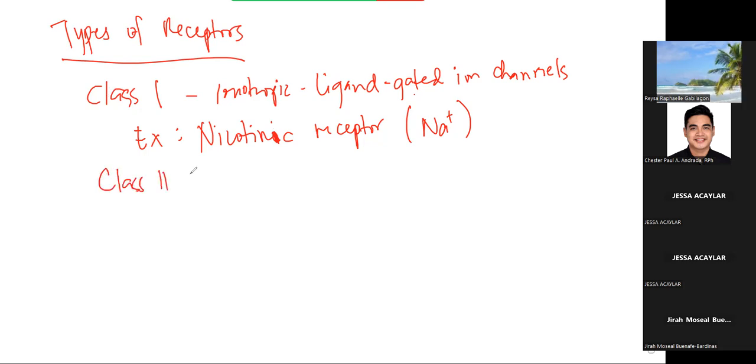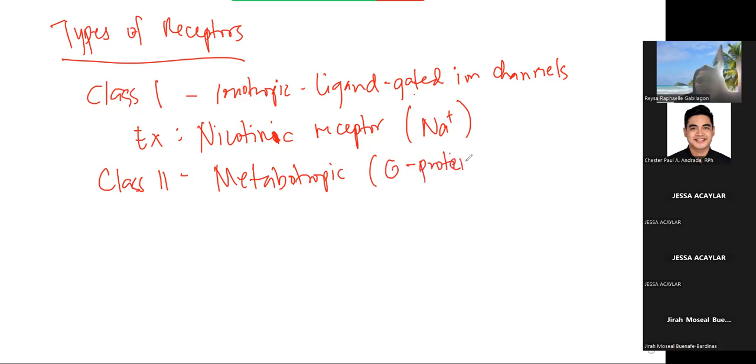Yung ating class 2 naman, we have here the metabotropic receptors, which are G-protein linked. So in this case, a receptor, if stimulated or if activated by a ligand, it's not ion channels anymore that will be open, but instead there are G proteins that are linked in this class of receptors.